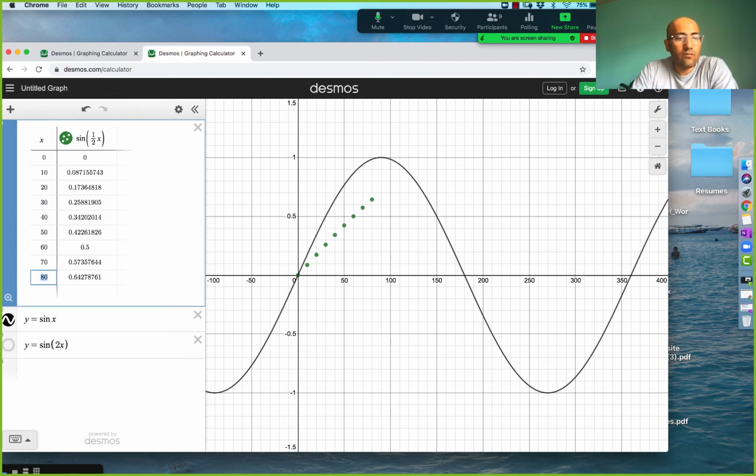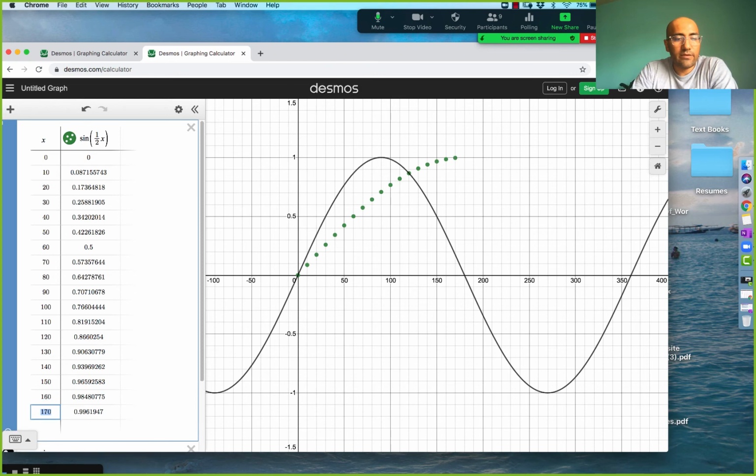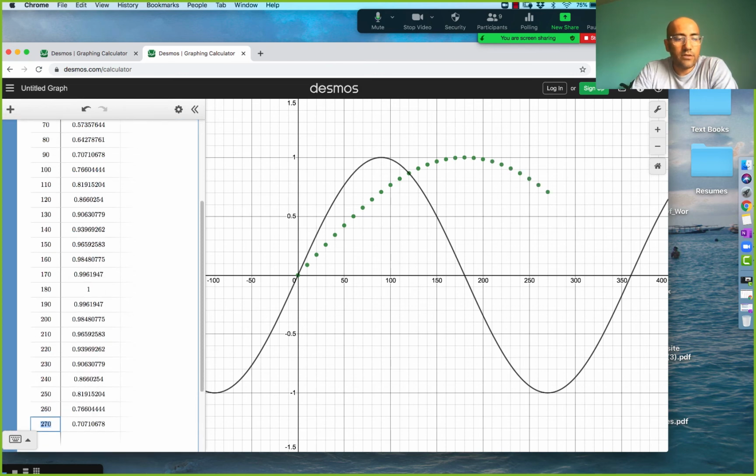So as I move on forward and trace my values, I go all the way out to 360 degrees, but because I'm halving it every time, I've really only completed half the period of sine. When I plug in 360 degrees, I halve it, so I'm really going to get the output for 180 degrees.